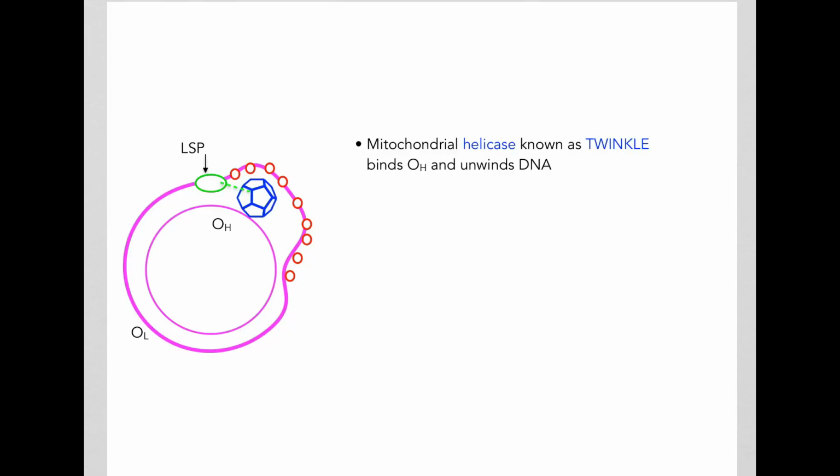So in the next step, we now have the mitochondrial helicase, and this is called Twinkle. This will now bind the OH region and start separating the light strand from the heavy strand. So it starts unwinding the DNA.